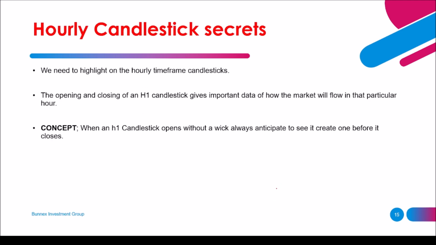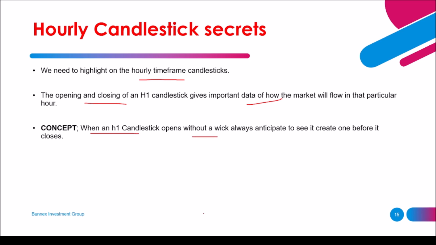Here's the last part, and one of the most important ones. We need to highlight the hourly time frame candlesticks. The opening and closing of an H1 candlestick gives important data of how the market will flow in that particular hour. So our concept from this part is when an H1 candlestick opens without a wick.